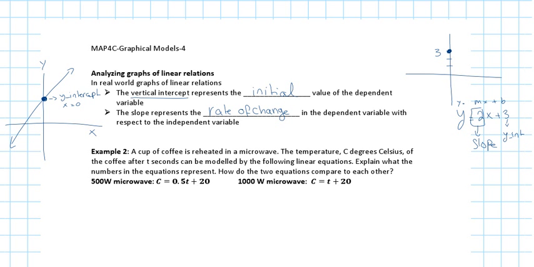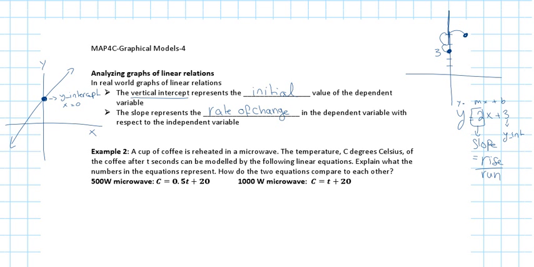I'm sure that rings a bell. That means I have to go up and over. If it's 2, I go up 1, 2, and over 1, and that gives me my next point.